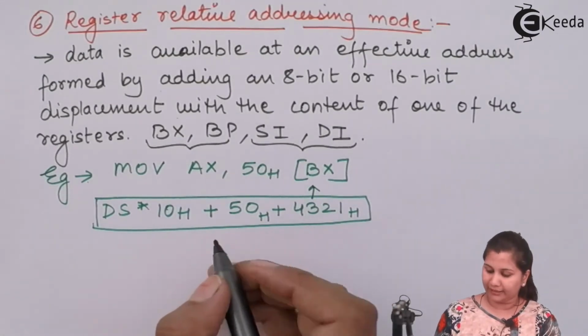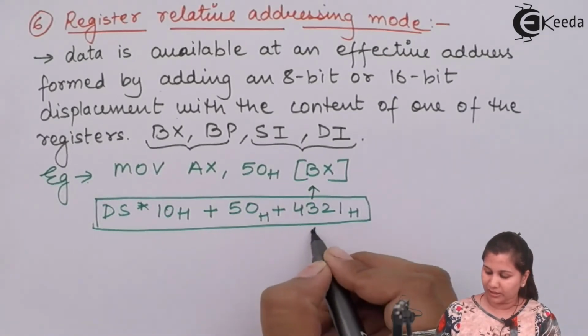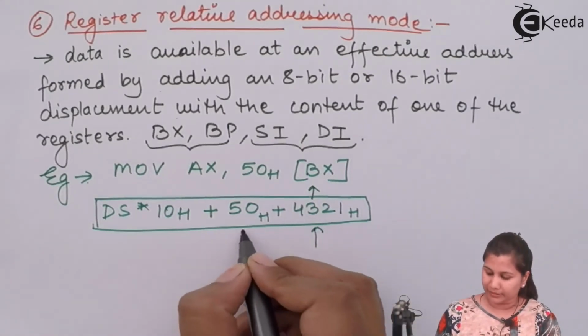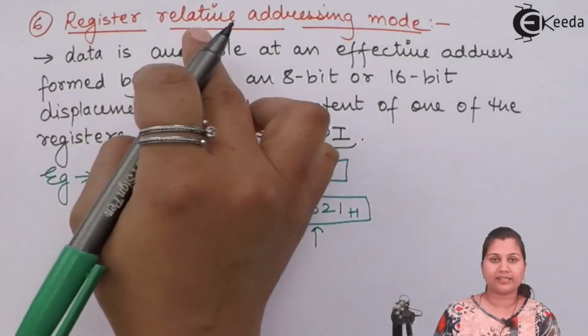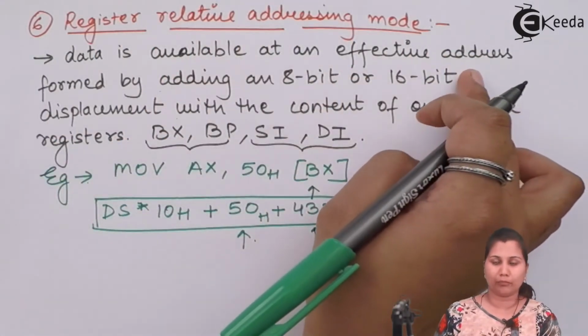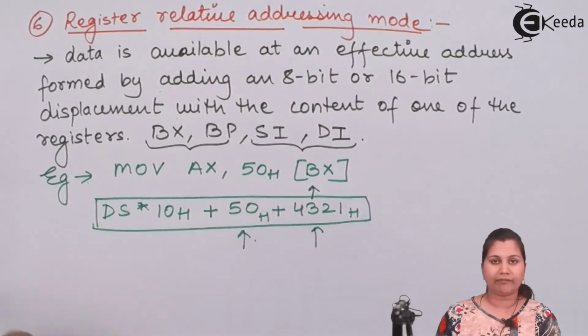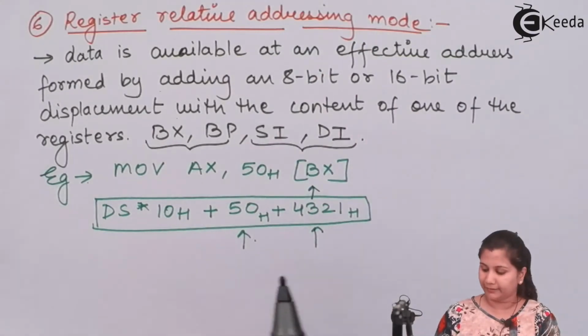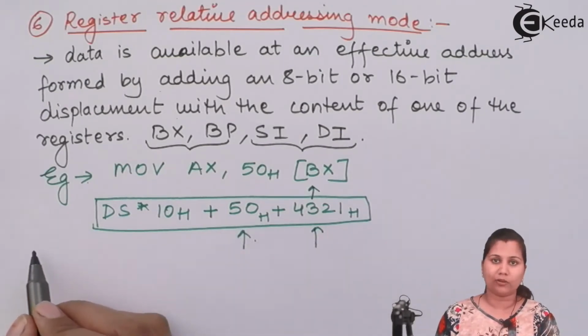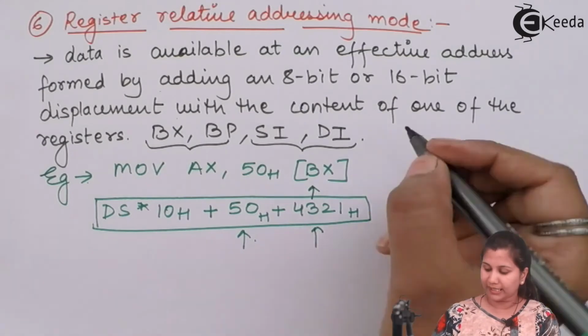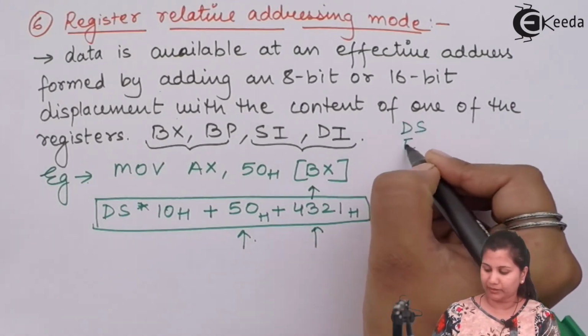So we are adding the register plus the displacement, which is why it is known as the register relative addressing mode. Here we get the effective address by adding the register plus the displacement and the data segment also. We can use the data segment and the extra segment.